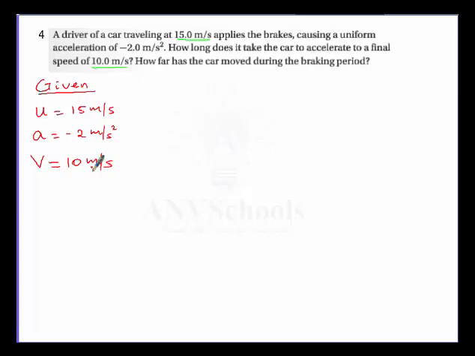So how far did the car move during this time? What's required is how far. We want to find the distance traveled by the car during this time. When you say how far, we are asked to find the total distance traveled by the car during this time. Now let's solve it.